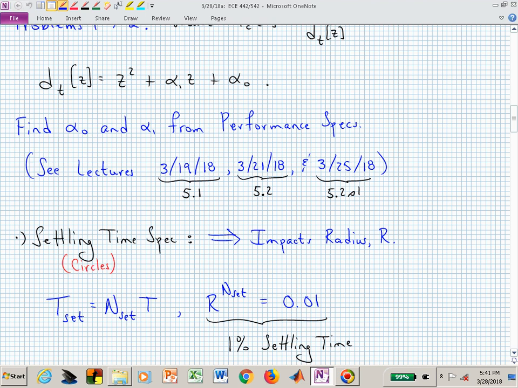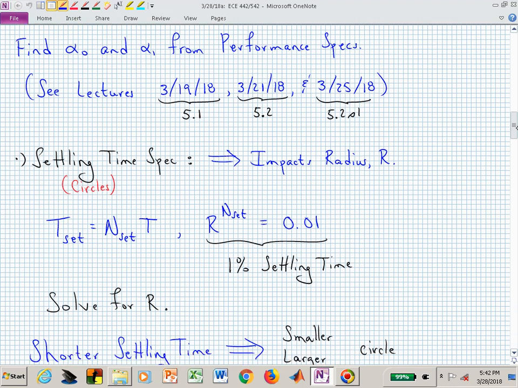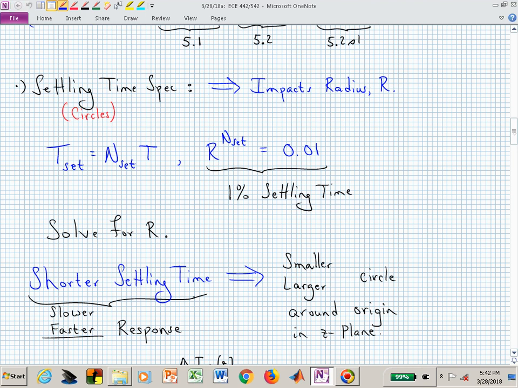What value of n causes r to the n to be less than 0.01? That's how we're defining the 1% settling time. You know how to solve that equation for r. Take the log of both sides and then the anti-log, and you'll end up with an expression for r if somebody gives you capital N, or the settling time in seconds, capital T sub s.